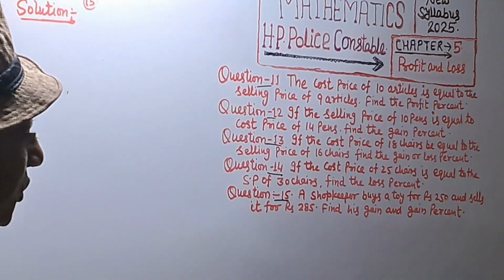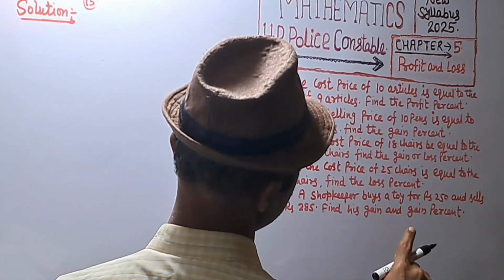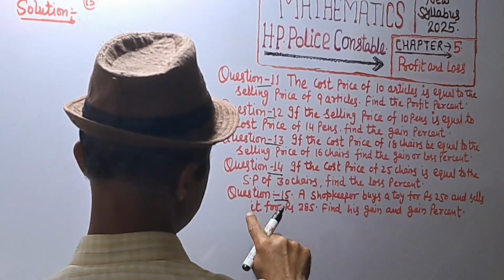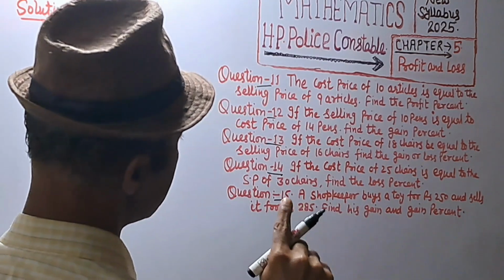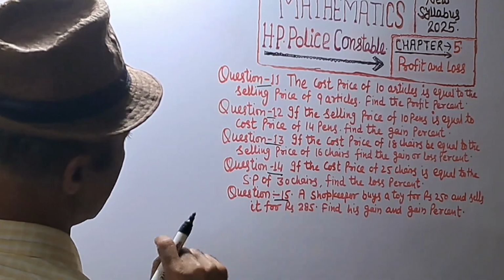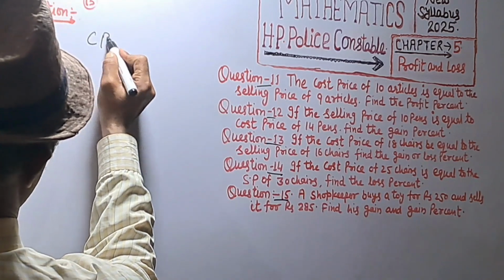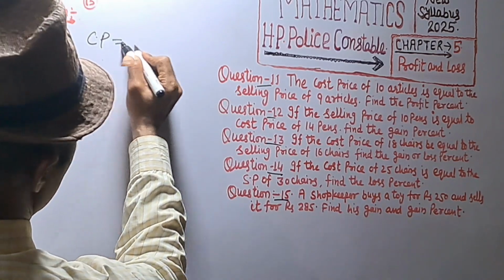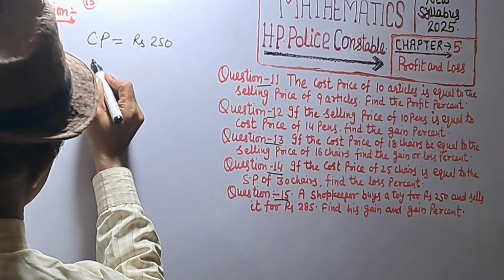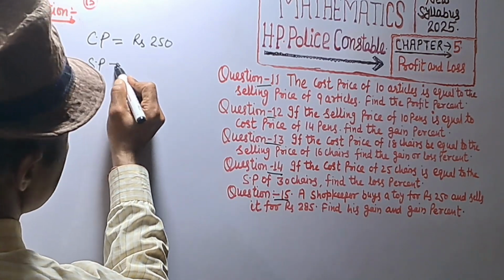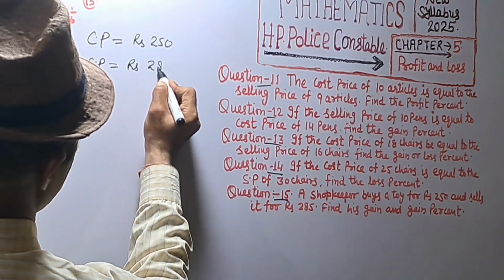Question number 15. A shopkeeper buys a toy for rupees 250 and sells it for rupees 285. Find his gain and gain percent. Cost price equal to rupees 250. Selling price equal to rupees 285.